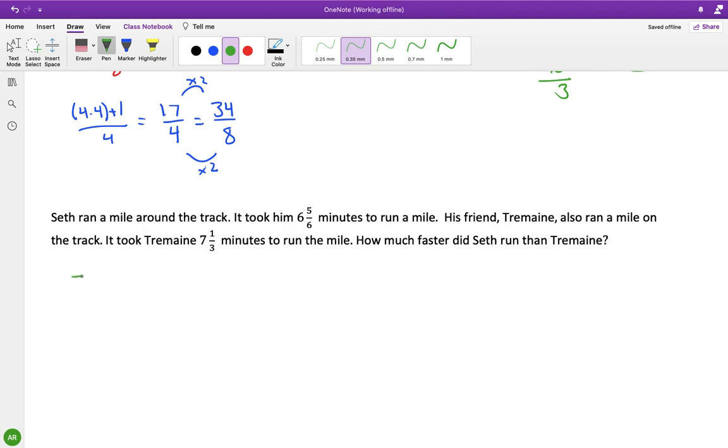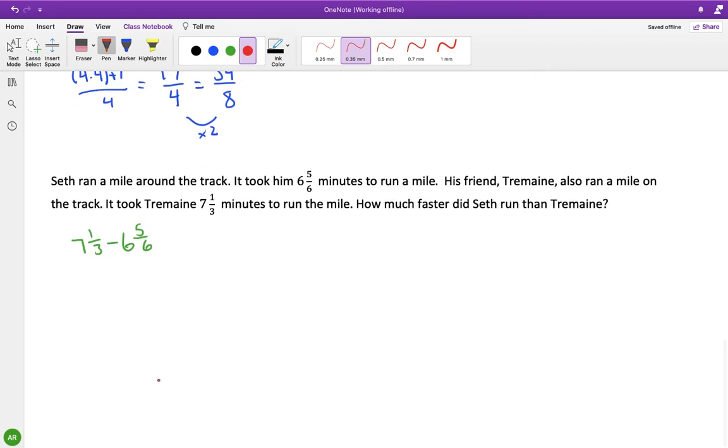So I have 7 1/3 minus 6 5/6. So, okay, good starting point here. Now, same thing as we've been doing with all the rest of these. We're just going to convert them to an improper fraction, perform the operation, and then go from there. So 7 times 3 plus 1 divided by 3.